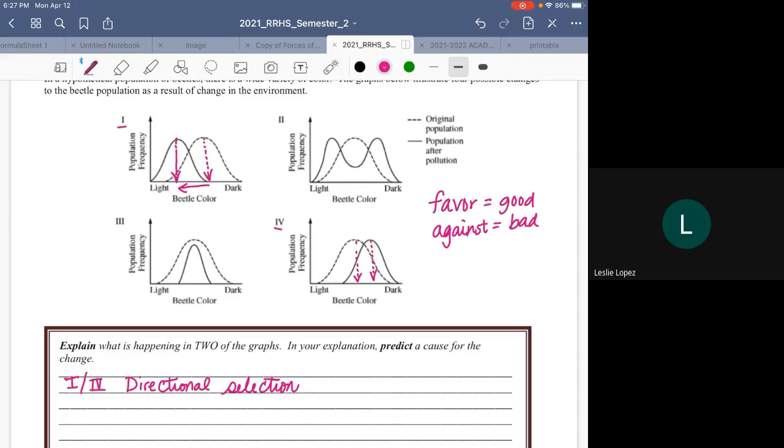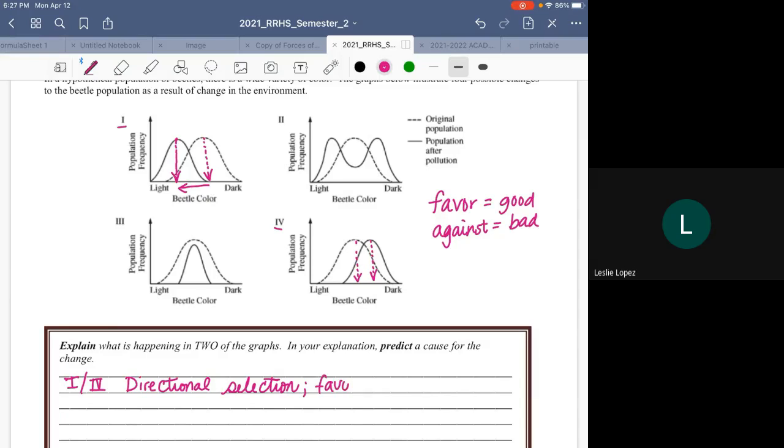So in your explanation, you would talk about what color has the advantage or what color has the disadvantage. You would also talk about one of the important things about evolution, which is that whatever trait is giving an advantage to the organism needs to be passed on to the next generation.